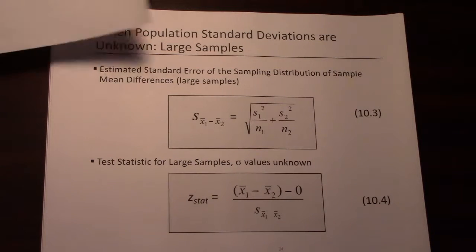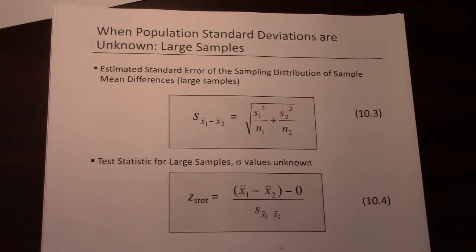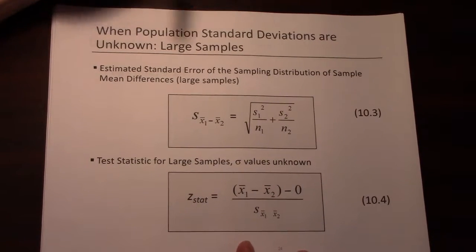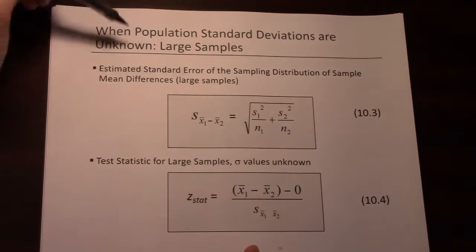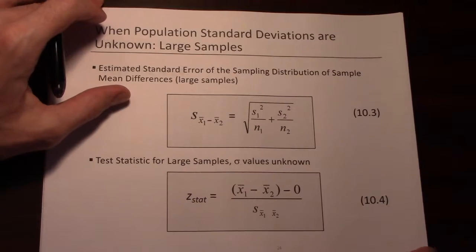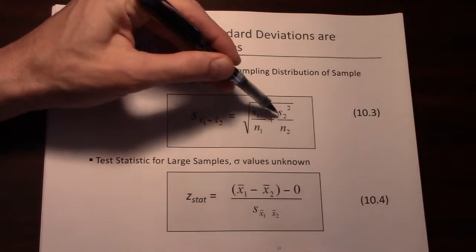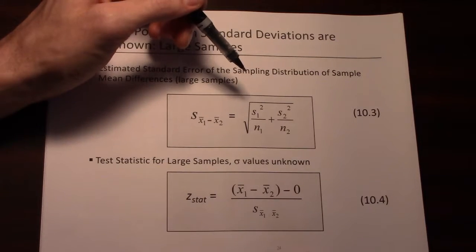All right, now, since we do not necessarily have the population standard deviation all the time, when population standard deviations are unknown, we theoretically do two things. One, we substitute in the sample standard deviation.